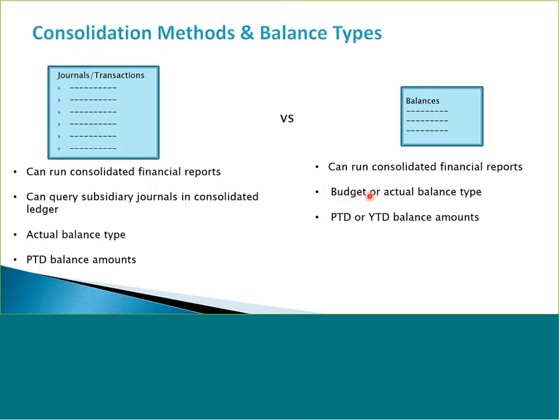So that's just an introduction on the topic of consolidation. What we have learned here is that we have two types of consolidation: reporting consolidation and data transfer consolidation, and we have seen the different features or qualities of both of them.